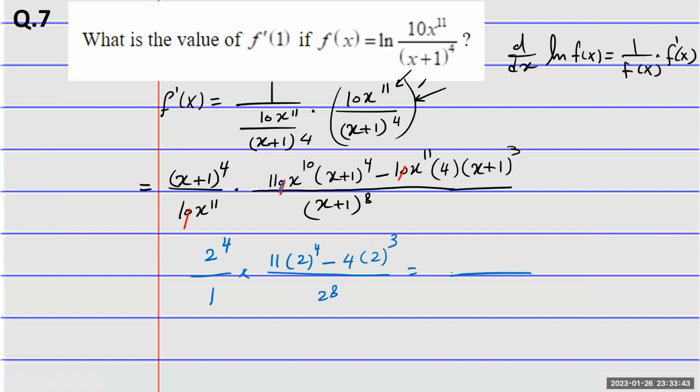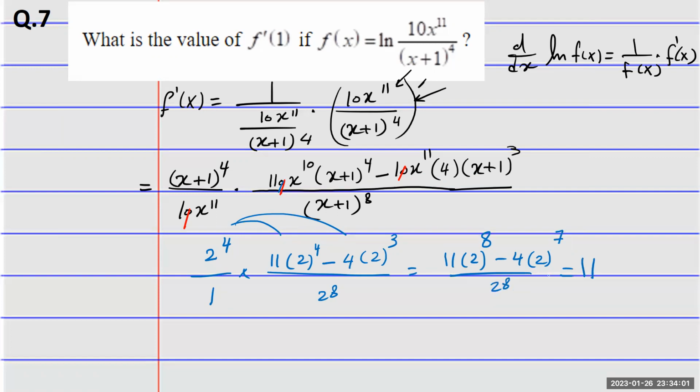So the answer is to multiply by 2 to the power 4 here. So you have 11 times 2 to the power 8 minus 4 times 2 to the power 7, okay, over 2 to the power 8.